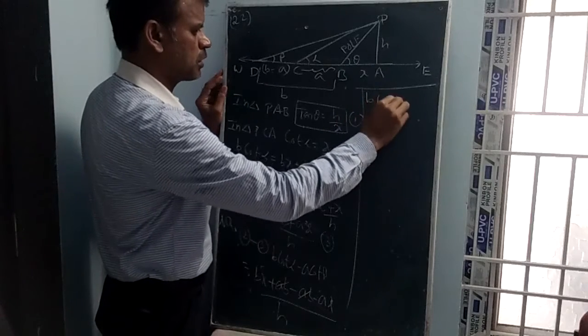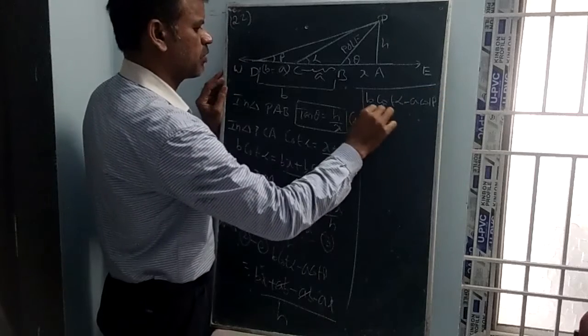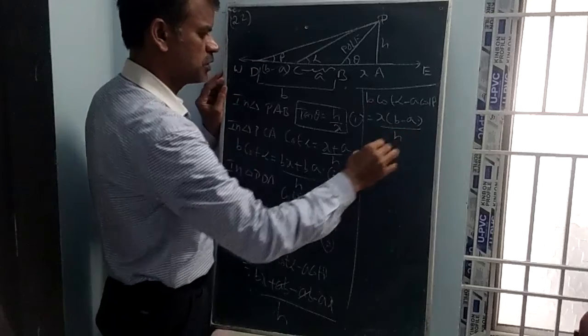So b cot alpha minus a cot beta is equal to x into b minus a, whole by h.